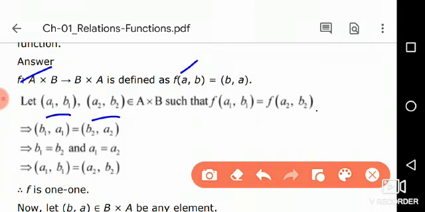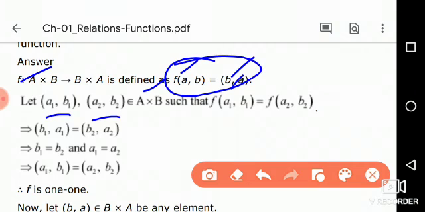Take two elements, because the given function is defined on ordered pairs A comma B. Let A1 comma B1 and A2 comma B2 belong to A cross B such that f of A1 comma B1 is equal to f of A2 comma B2.